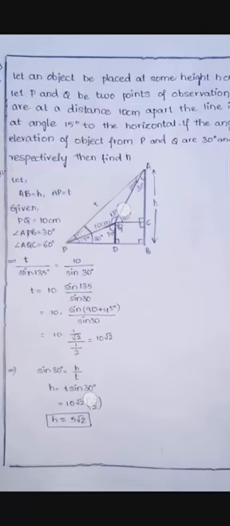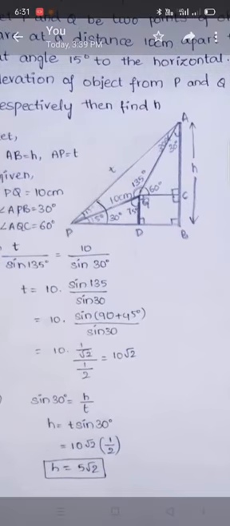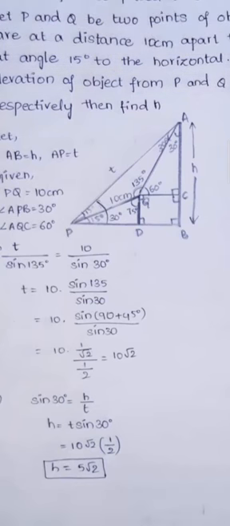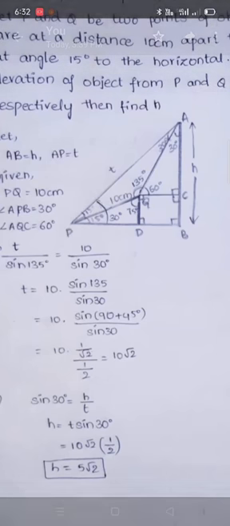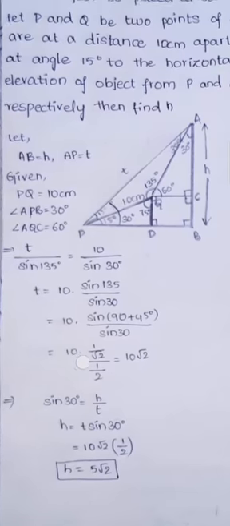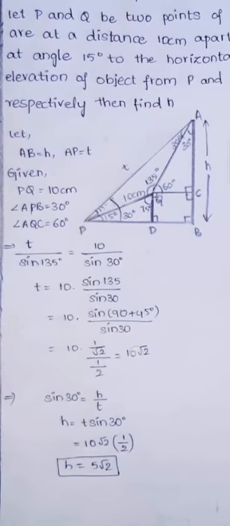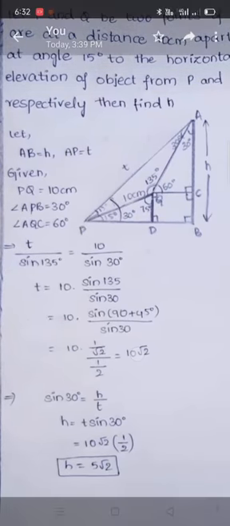For 90 plus theta, sine changes to cos 45 degrees. Cos 45 degrees is 1 by root 2, and sine 30 degrees is 1 by 2. So this equation becomes 10 into 1 by root 2 by 1 by 2. By solving this, we get 10 into root 2.